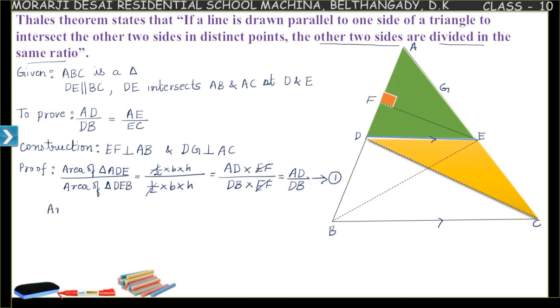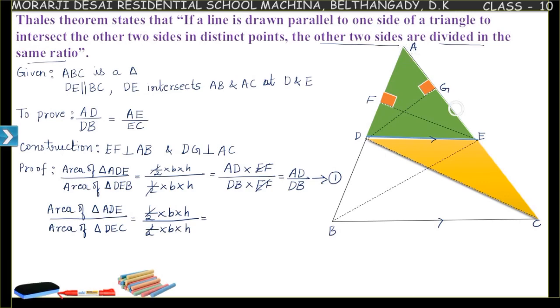In the same way, compare the area of triangle ADE and area of triangle ECD. Here I am taking AE and EC as the base. Half into base into height divided by half into base into height.